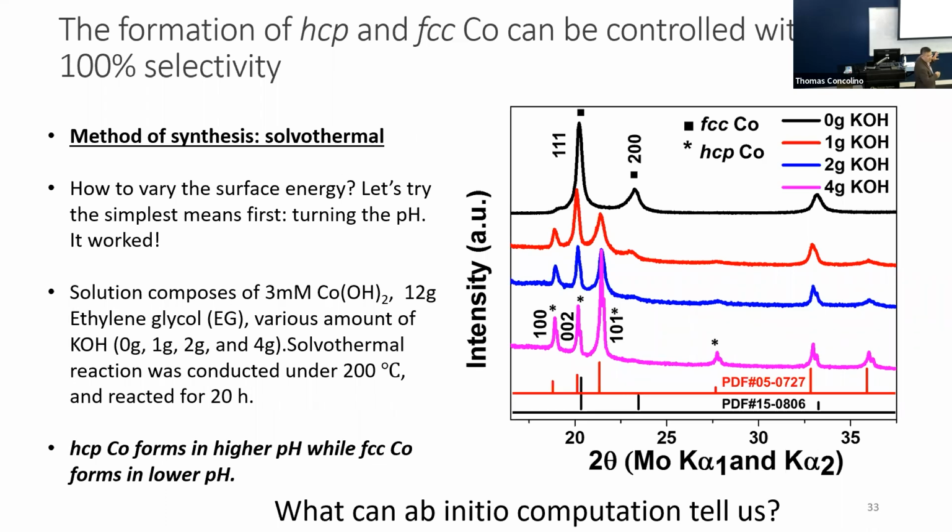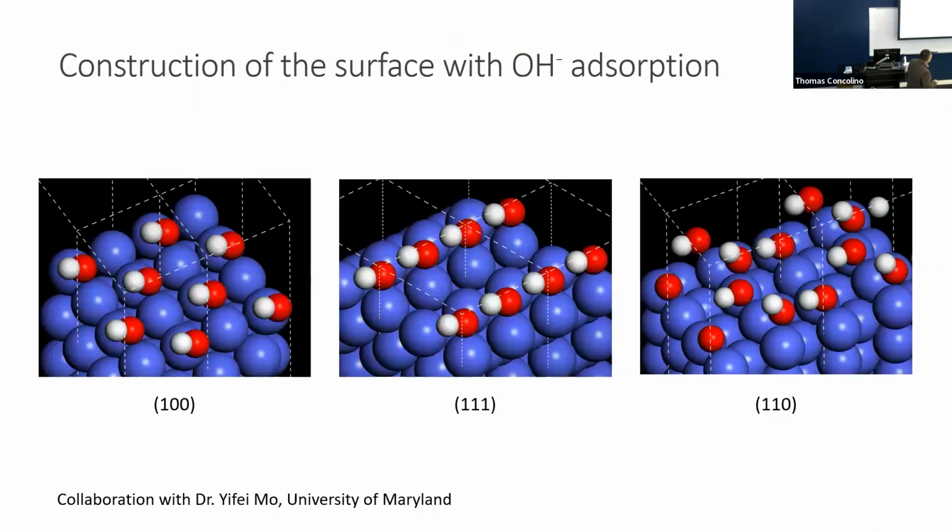Here we just change the concentration of potassium hydroxide in our starting solution. Okay, we can tune it to different degrees: 100% FCC, 100% HCP, or mixtures. But we also did computation, DFT computation, to try to understand why.